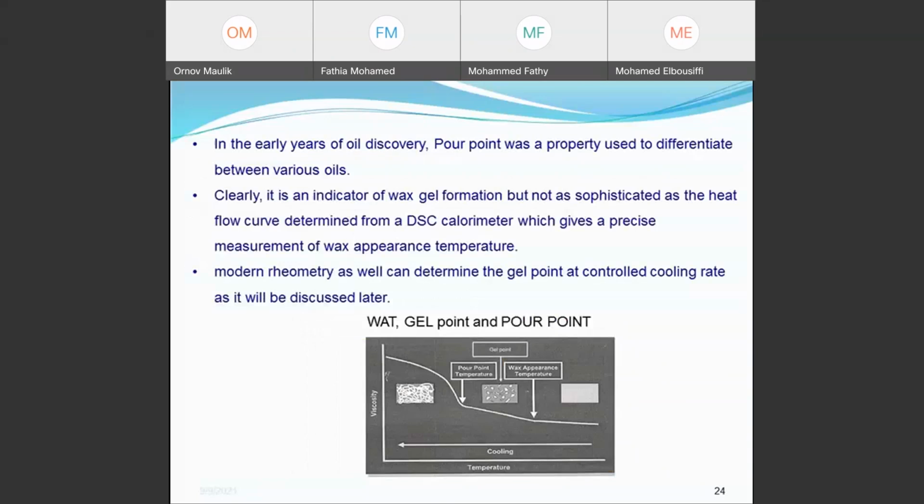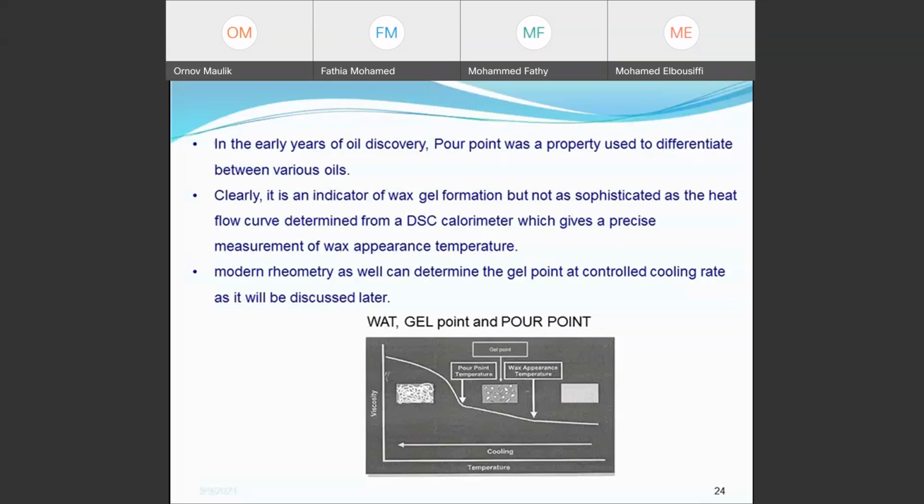In the early years of oil discovery, pour point was a property used to differentiate between various oils. Clearly, it's an indicator of wax gel formation, but not as sophisticated as the heat flow curve determined from DSC calorimetry, which gives a precise measurement of wax appearance temperature.